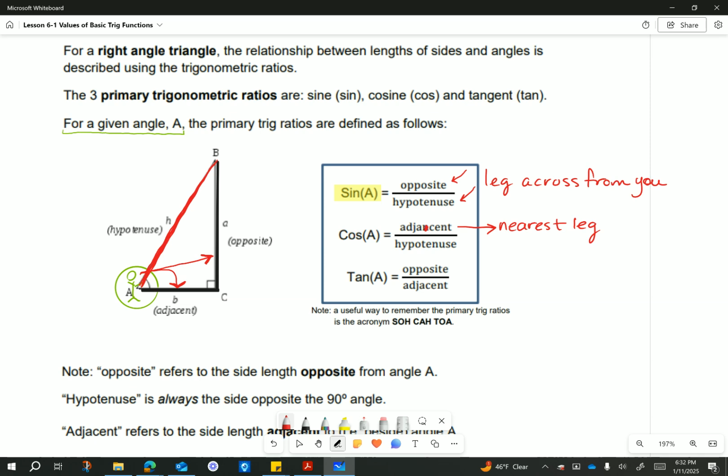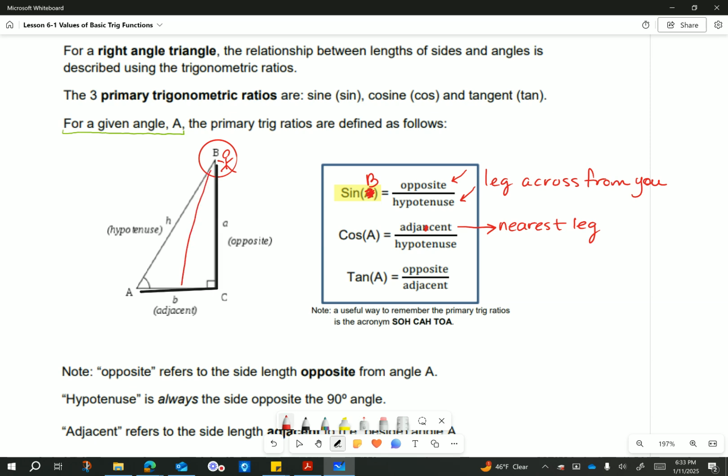So for instance, I'm going to erase this all here a second. If I were standing right here at angle B, right? So I'm going to change this to angle B, and I asked you to find the opposite side. Well, this time, if you're standing right here, notice that, again, the leg is still this one, because it's the side that is going to form the 90-degree angles, the two sides that form the 90-degree angle.